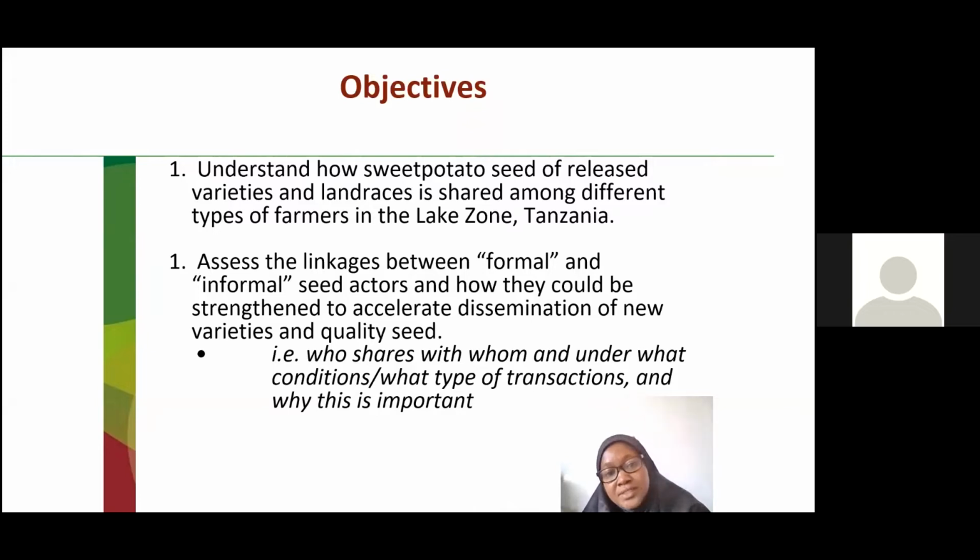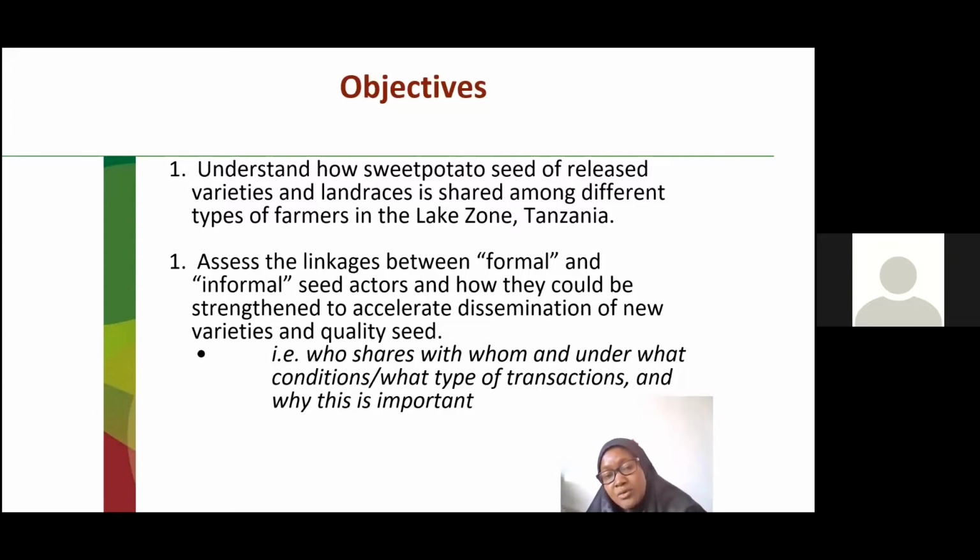The objectives of this study were to understand how sweet potato seed of released varieties and landraces is shared among different types of farmers in the Lake Zone, Tanzania, and to assess the linkage between formal and informal seed actors and how they could be strengthened to accelerate dissemination of new varieties and quality seed.